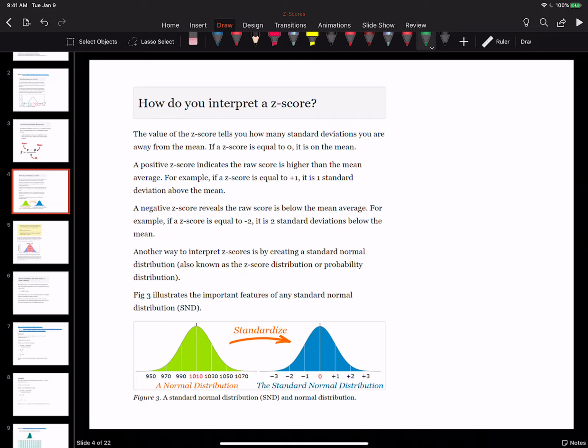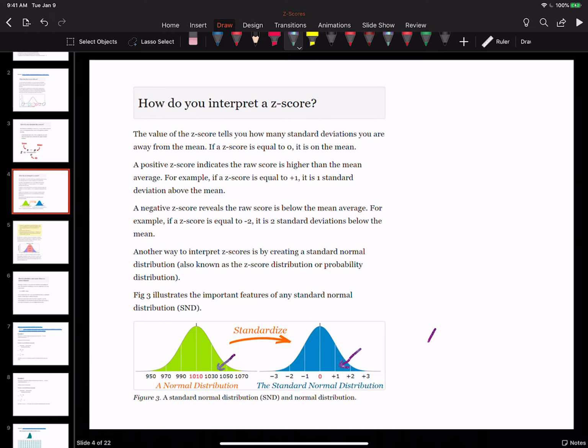When we standardize the data, the 10,010, which is the mean, is converted to 0, or is equivalent to 0 as a z-score. 10,030 right here is converted to z-score equals +1.